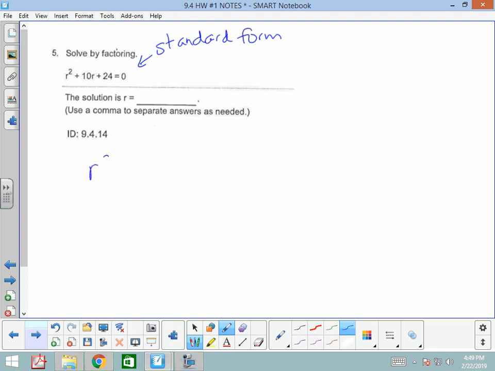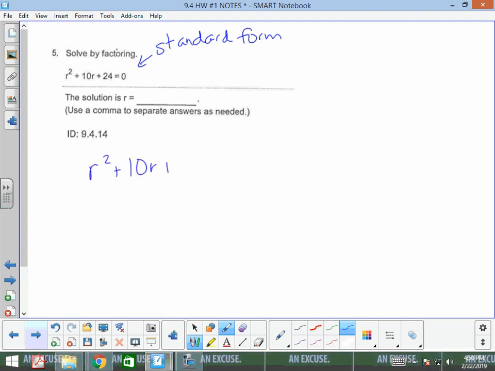So I'm going to take this part of the equation, r squared plus 10r plus 24, and factor it. That'll be r plus 6, r plus 4 equals 0. Now you've done enough factoring by now. You should know how to do these without having to write down the FOIL.